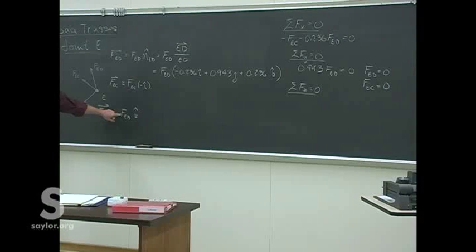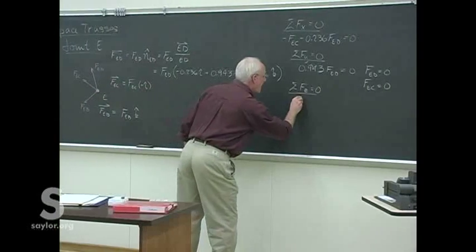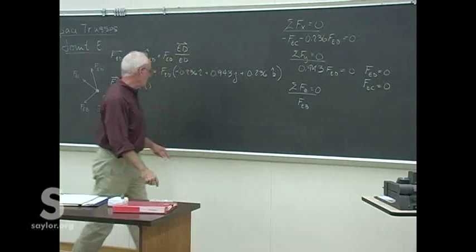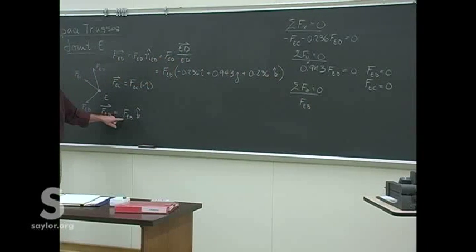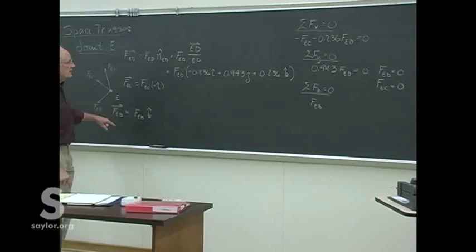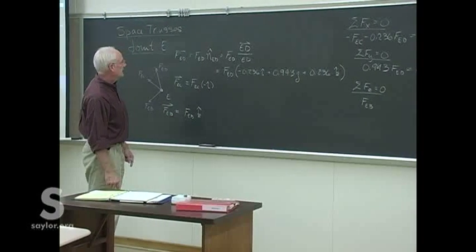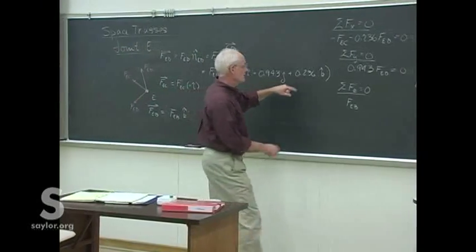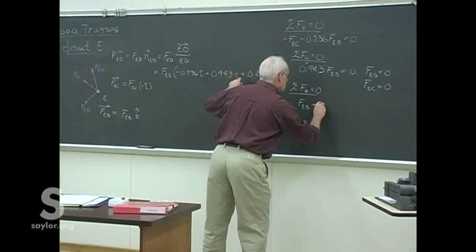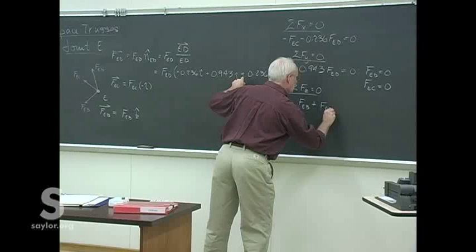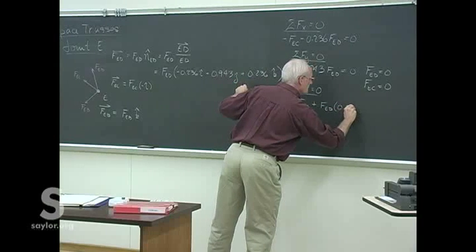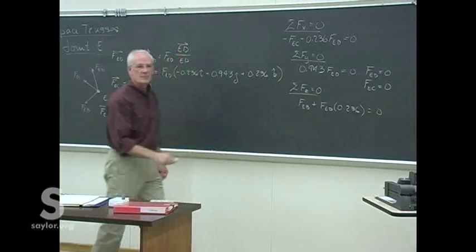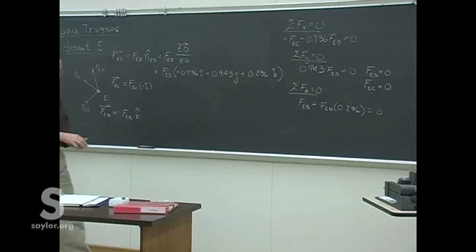We've got FEB. The positive, remember, is just because we assumed it was in tension. We'll find out if we were right or not. And the only other k component is FED, and that's positive 0236. And the z components must sum to 0.